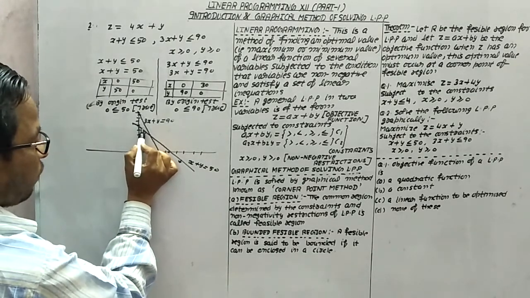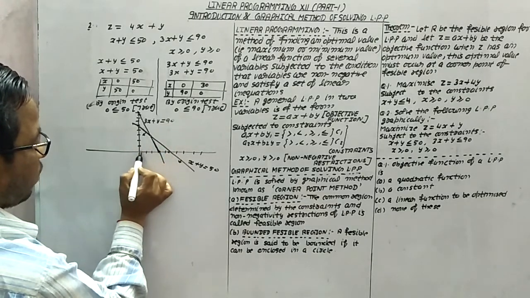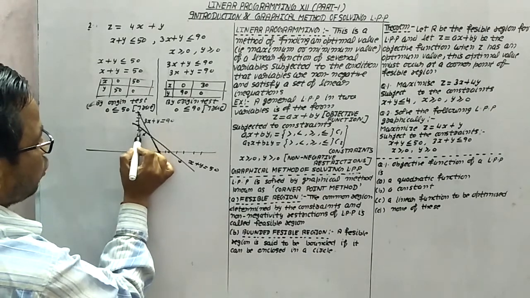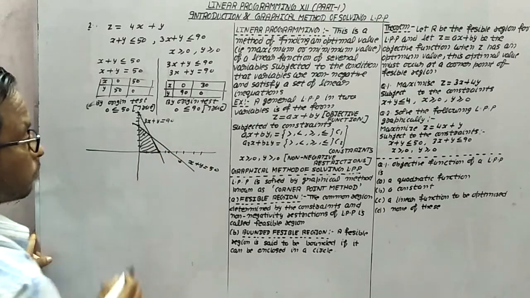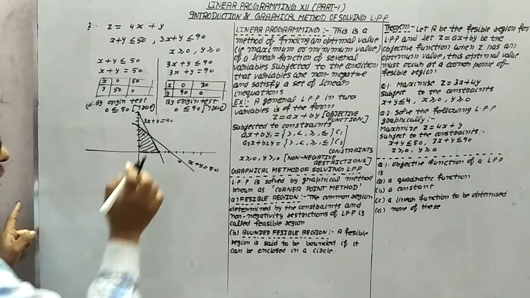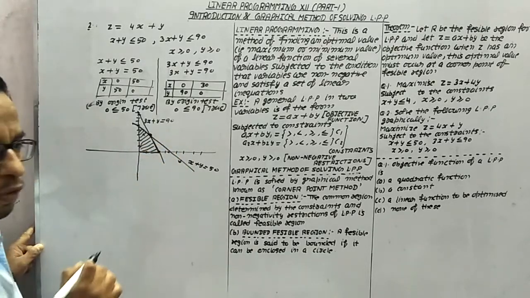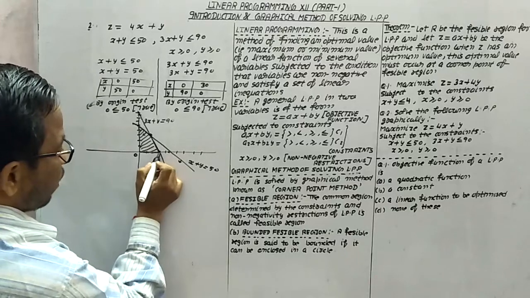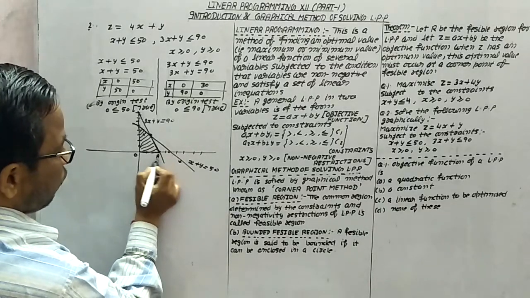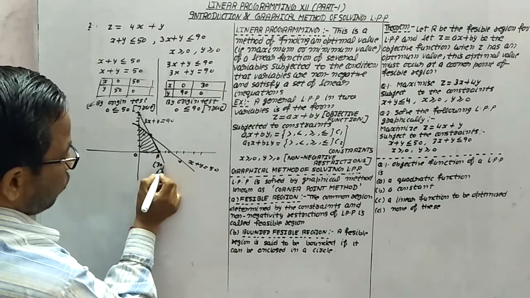So what will be the feasible region? The feasible region will be only this portion. Once you draw the graph, you will get this point more accurately. For this feasible region, what are the corner points? O, A. A is 30, 0.